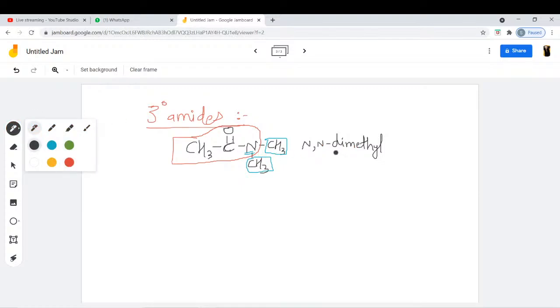Two carbon acetamide. N,N-dimethyl acetamide. I think it's easy.